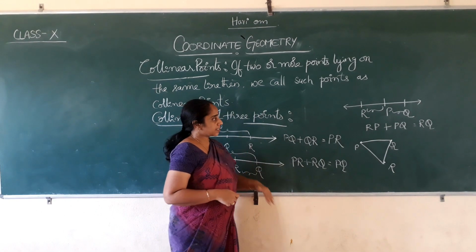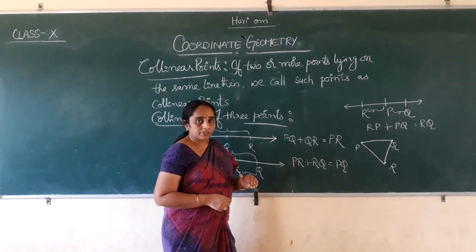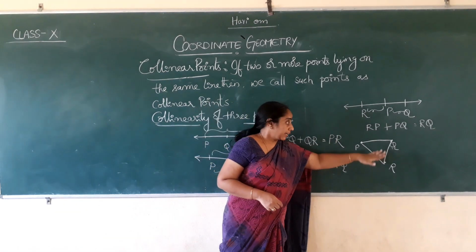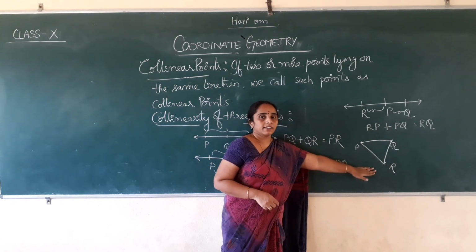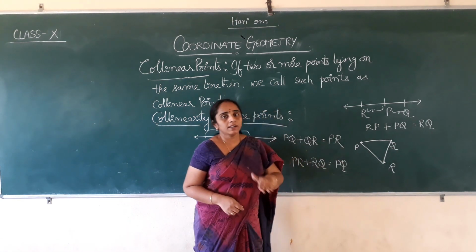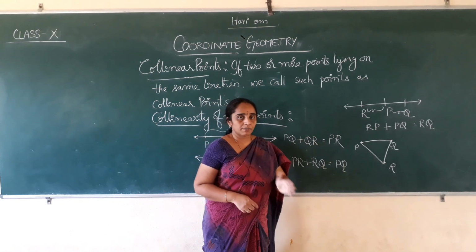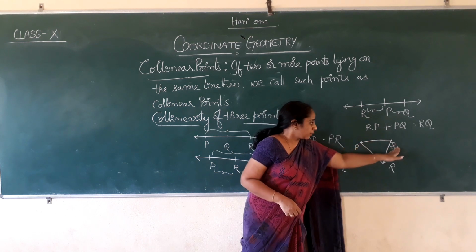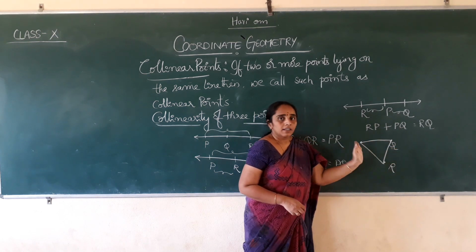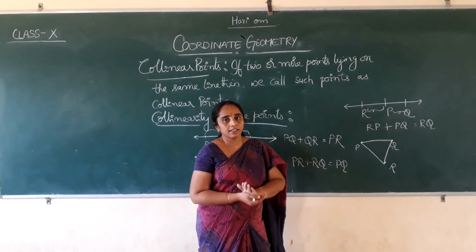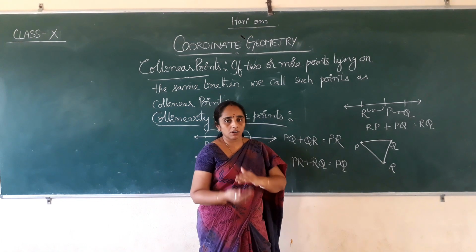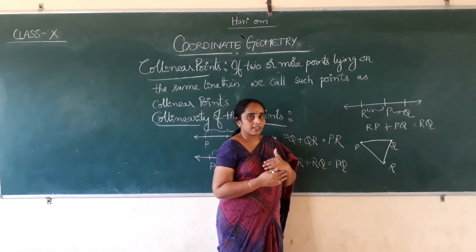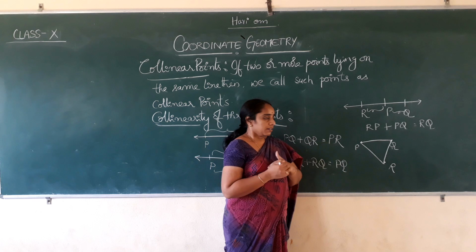So in this chapter, if any 3 points are not collinear, then they can form a triangle. From that, by calculating the lengths PQ, QR, PR, we can decide whether it forms an equilateral triangle, isosceles, right angle or scalene; these we are going to discuss now.